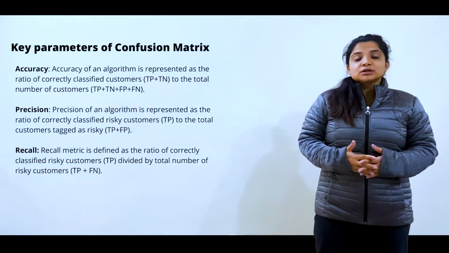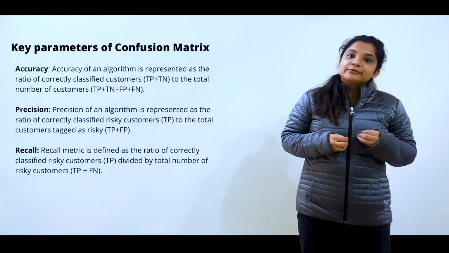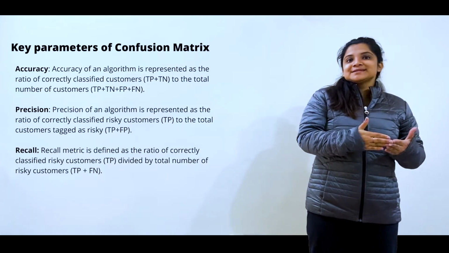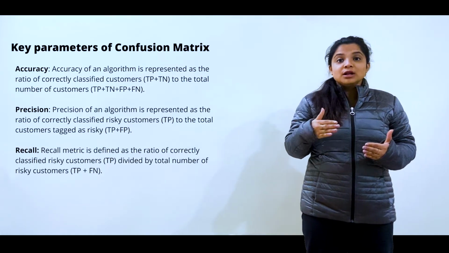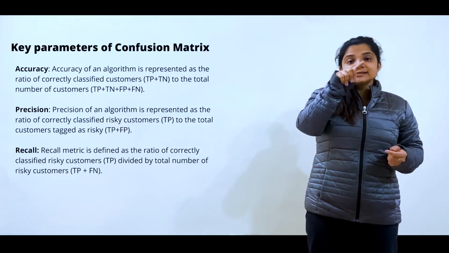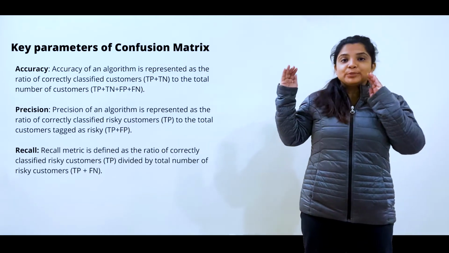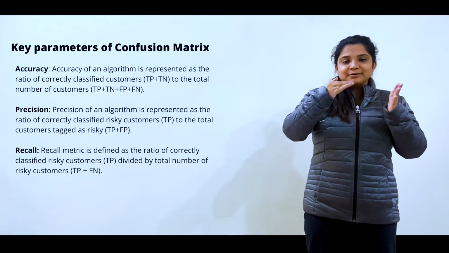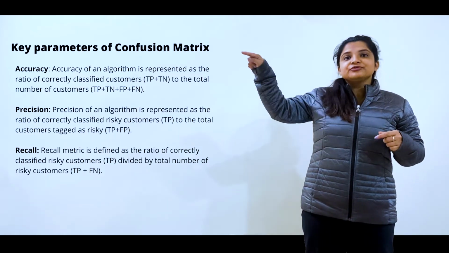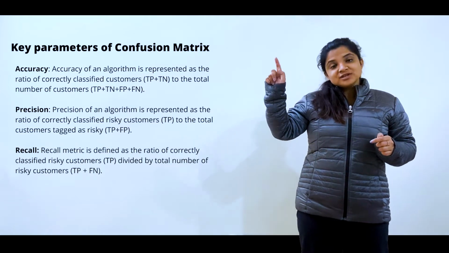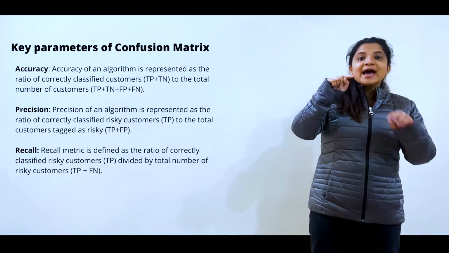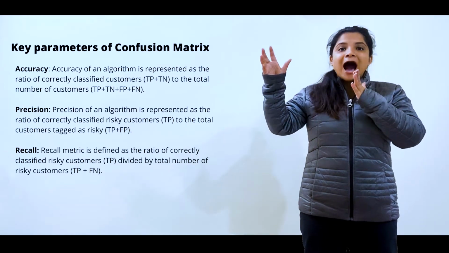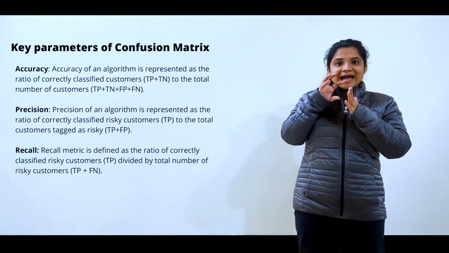Now another important parameter that we learn from the confusion matrix, apart from accuracy, is precision and recall. So precision basically tells us, out of the total positive population, that is the total population tagged by the model, so the first row of the confusion matrix, true positive and false positive, out of the total positives tagged, how much is correctly tagged by the model.